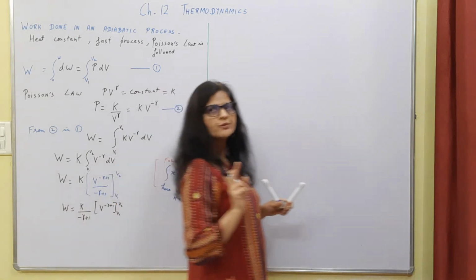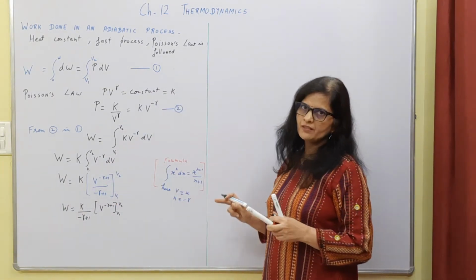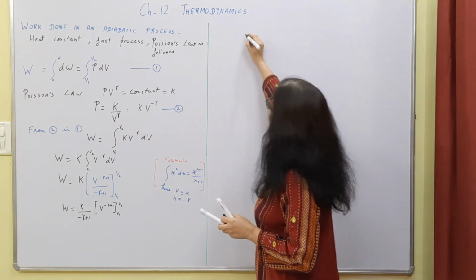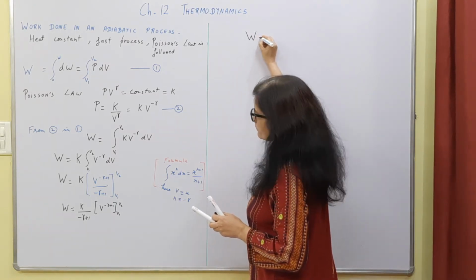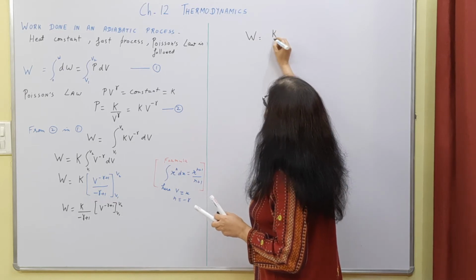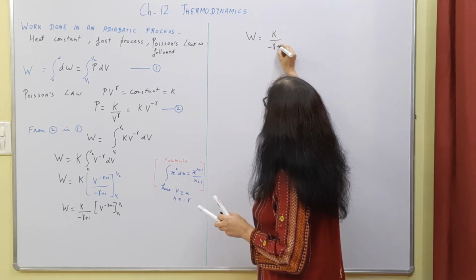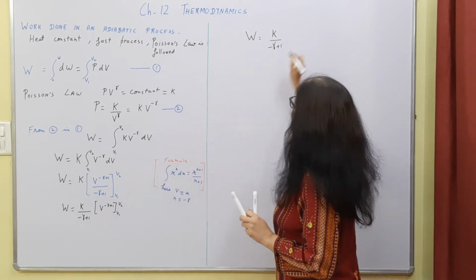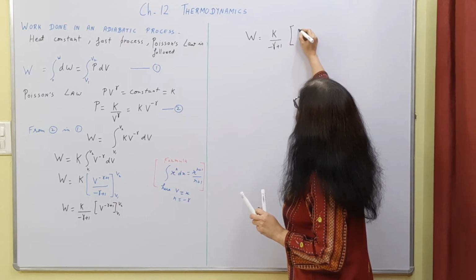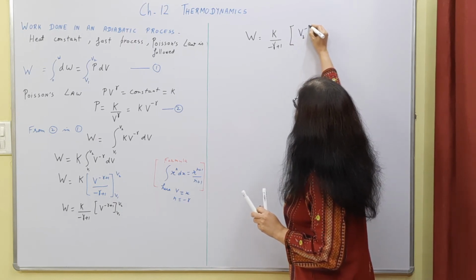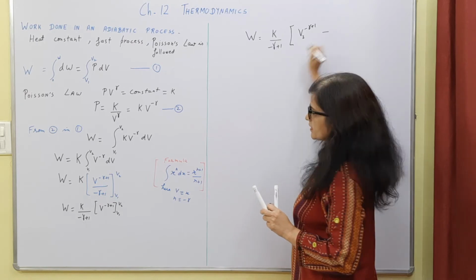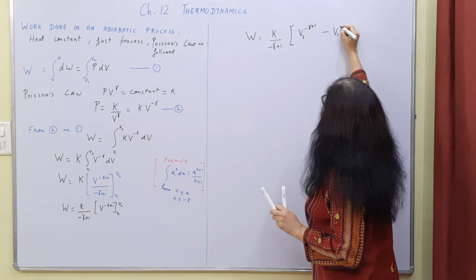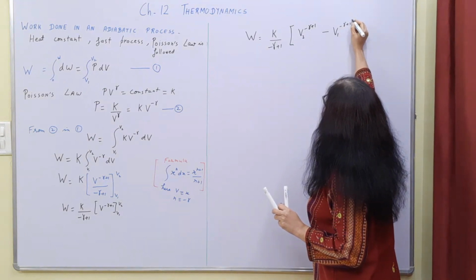We just have to place the limits for V because we are integrating with respect to V. So W is equal to K upon minus gamma plus 1, times V2 to the power minus gamma plus 1, minus V1 to the power minus gamma plus 1.